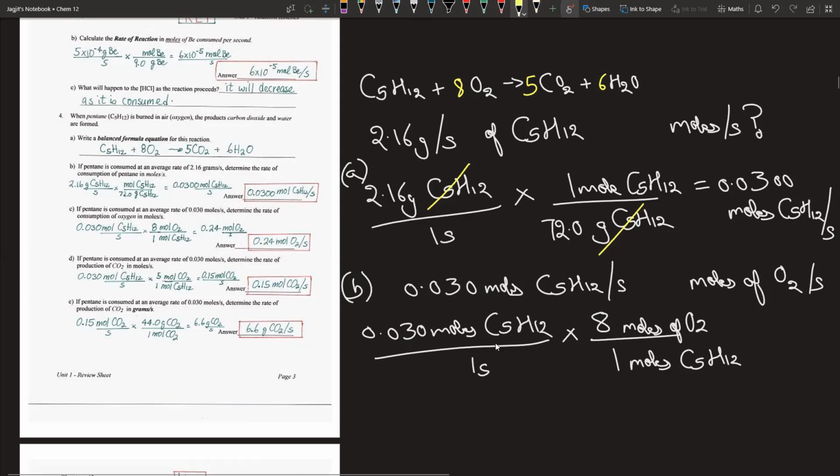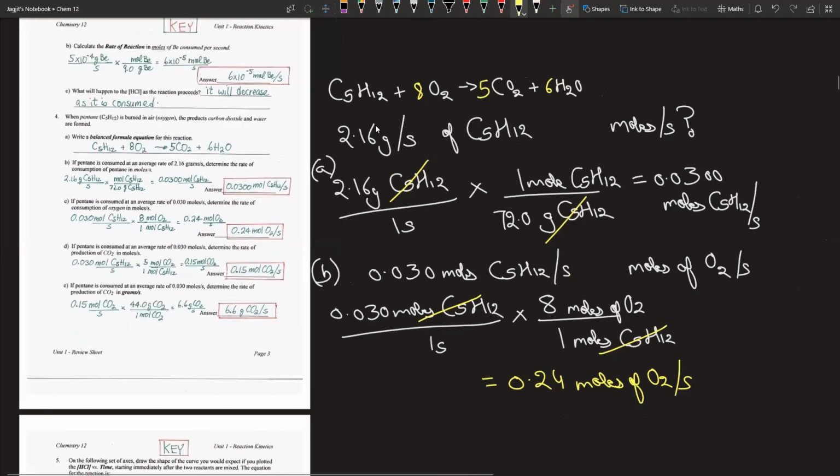Moles of pentane cancels. So then you do 0.03 times 8. When you do that, you get 0.24, and that is 0.24 moles of O2 per second. So you've just expressed this reaction rate in terms of moles of O2 per second. Does that make sense? Yeah.